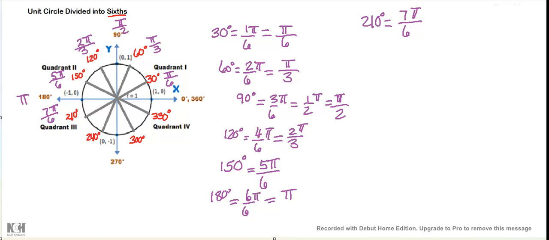Continuing on, we're adding another 30 degrees, takes us to 240 degrees. This one was 7 of them, now we have 8 of them, which will reduce down to 4/3. Okay, let's label this one as 4 pi over 3.